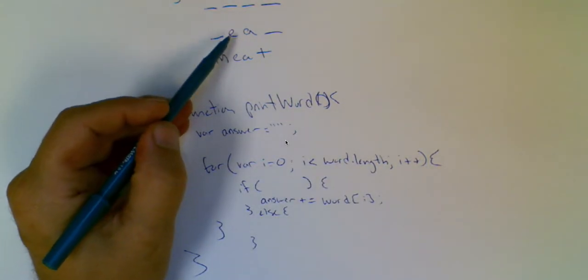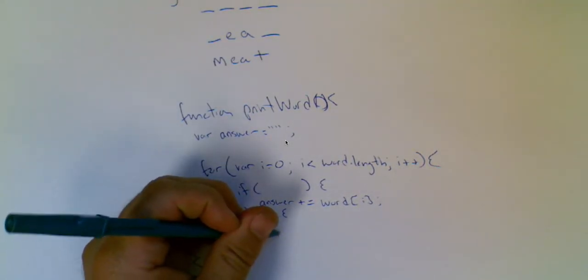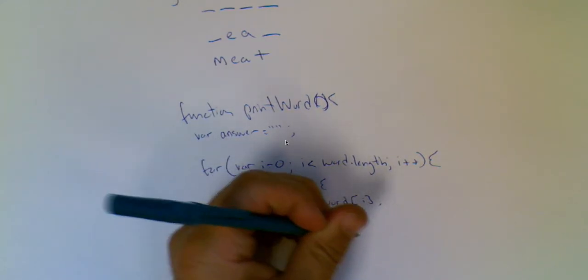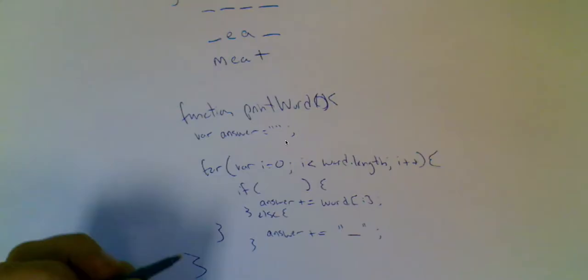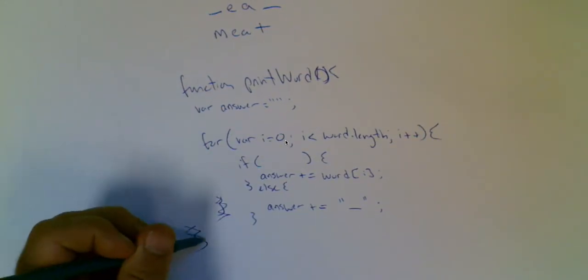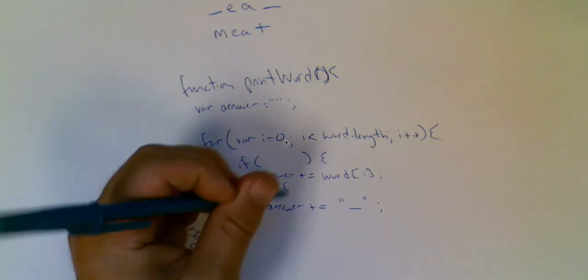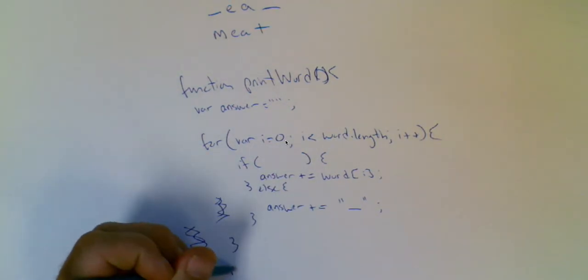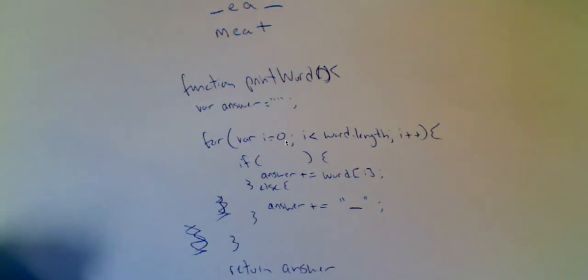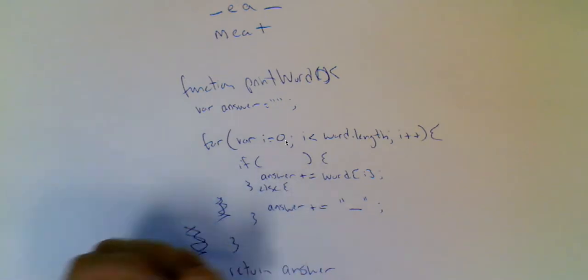That'll insert the correct letter. Otherwise, answer plus equals underscore. And sorry about these, they're a little bit out of whack. Let's just get rid of those. So we're ending our for loop, and then we would return, maybe we would return it, or maybe we would write it out to the page.